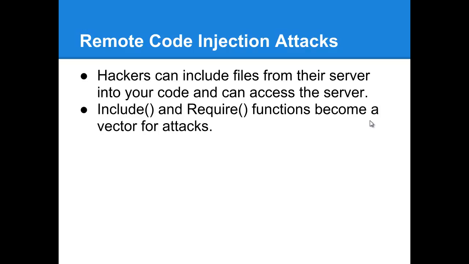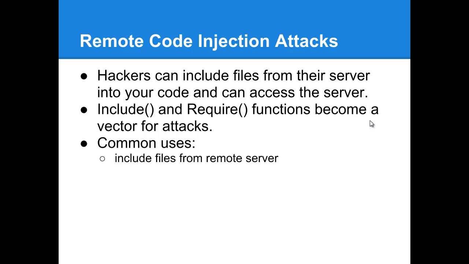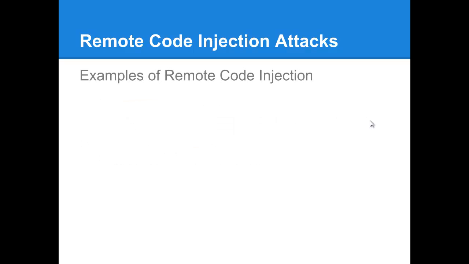So they can include something like badfile.php from their server inside of your application, and that gives that file access to your server, which can be problematic. So include and require functions become a vector for attacks. That's what people are targeting. Common uses include files from a remote server.